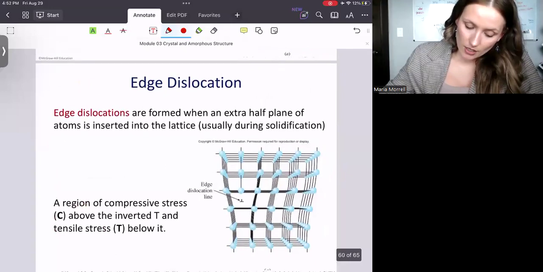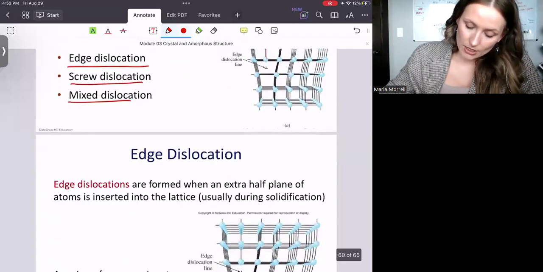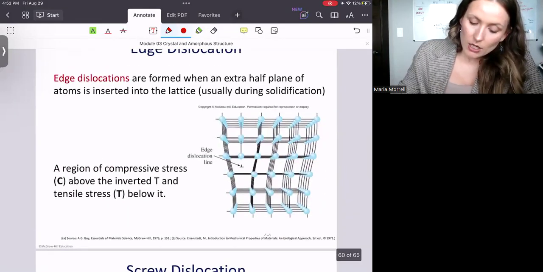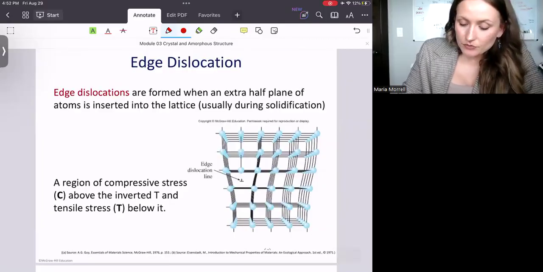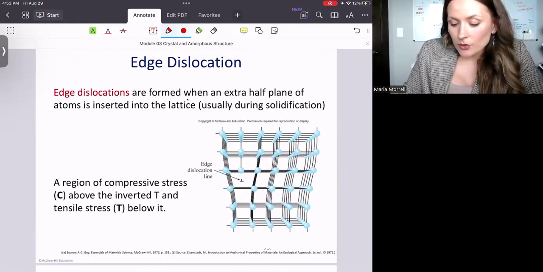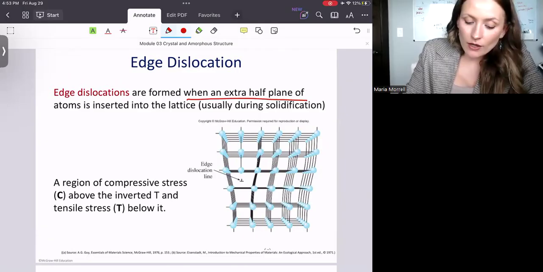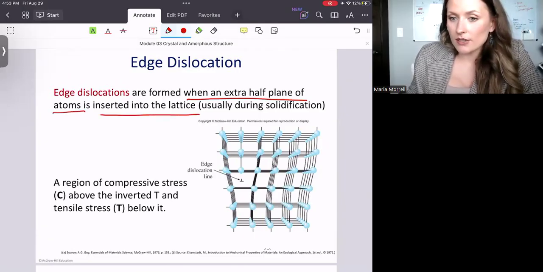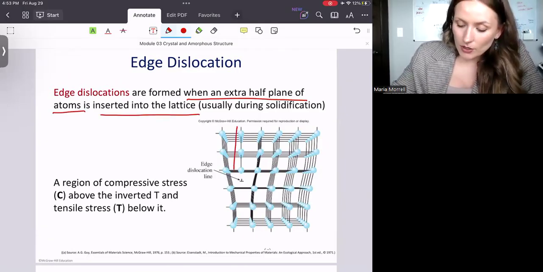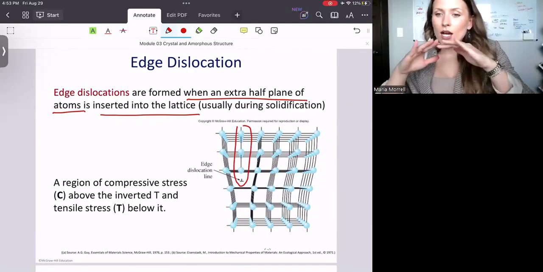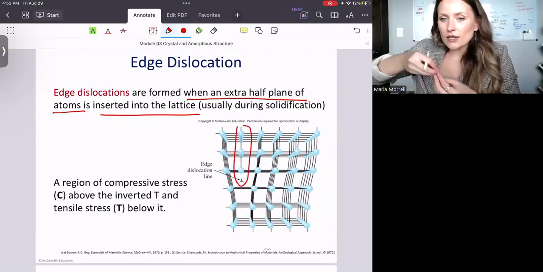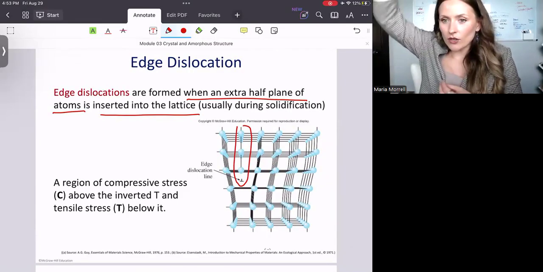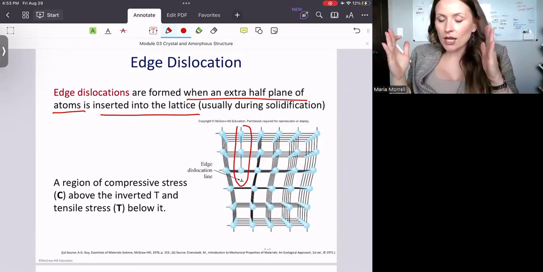And I actually have really good examples right here, right? The edge dislocation is formed when an extra half plane of atoms is inserted into the lattice. And this is an example right here, okay? Do you see how, if you were to take this plane and remove it, then you're going to have a perfect crystal, right?